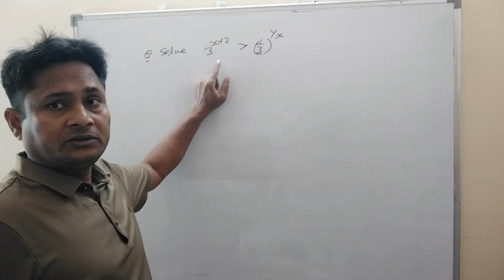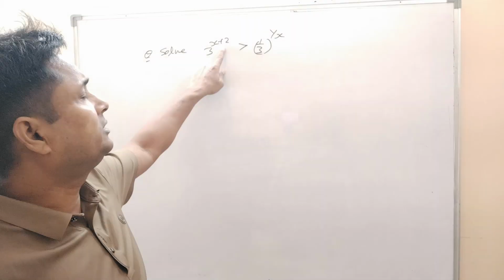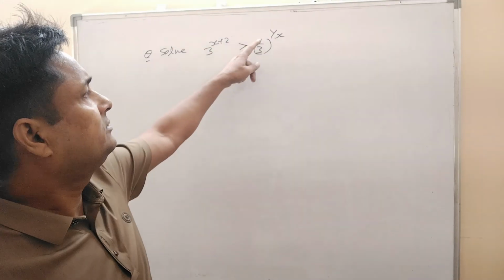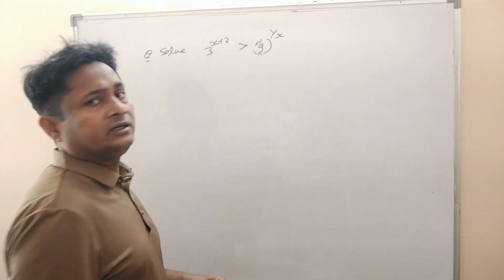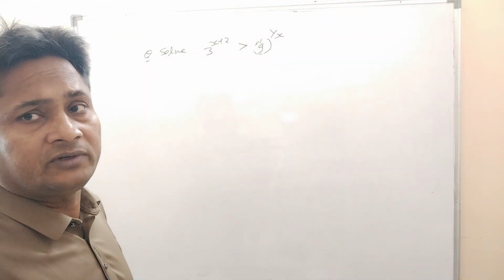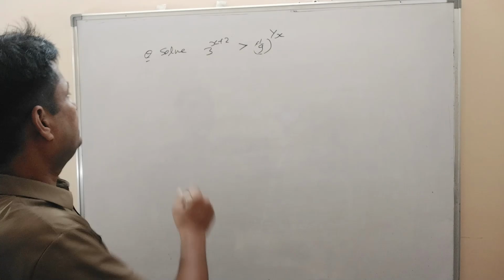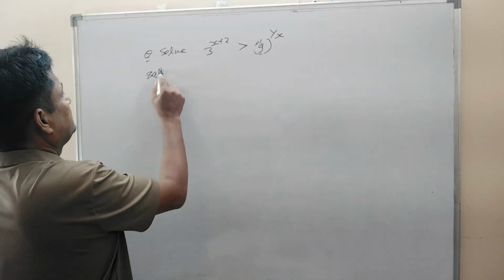Now let's just solve this question. 3 to the power x plus 2 is greater than 1 by 9 to the power 1 by x. How will you solve this question?